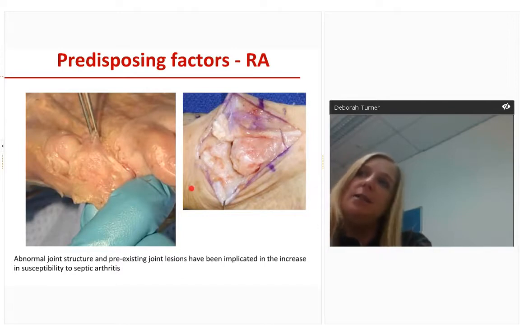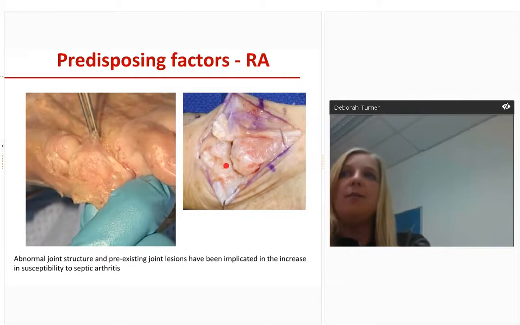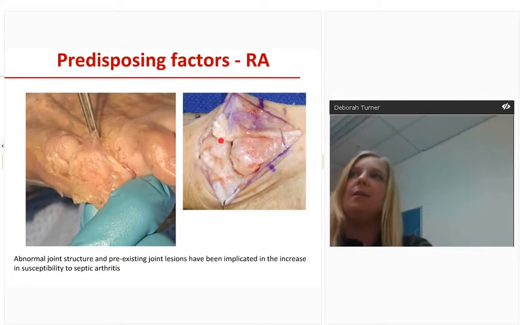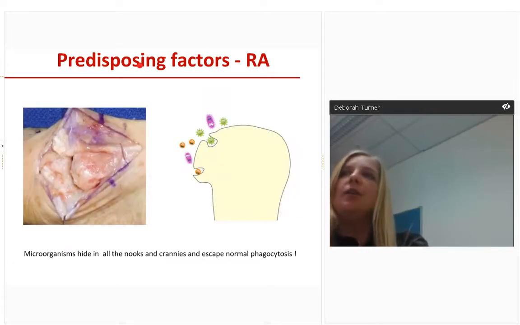This is a metatarsophalangeal joint in a patient with RA, and we can see quite clearly an absence of a normal metatarsal head with quite irregular joint surfaces with lots of potential areas for bacteria to lodge. And if we imagine really that in these areas where we would have joint erosion, there is the potential for microorganisms to hide, for want of a better word, in all of the nooks and crannies and escape the normal phagocytosis that would be ongoing within the joint.